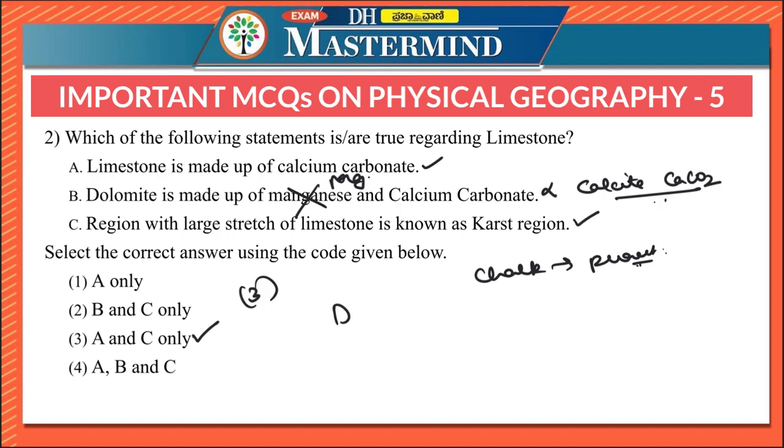Dolomite in other words means a combination of magnesium plus calcium carbonate. Therefore, dolomite is made up of magnesium and calcium carbonate, not manganese. As I've already told you in the last question, a region with a large stretch of limestone is known as karst region, named after the Karst district of Yugoslavia.